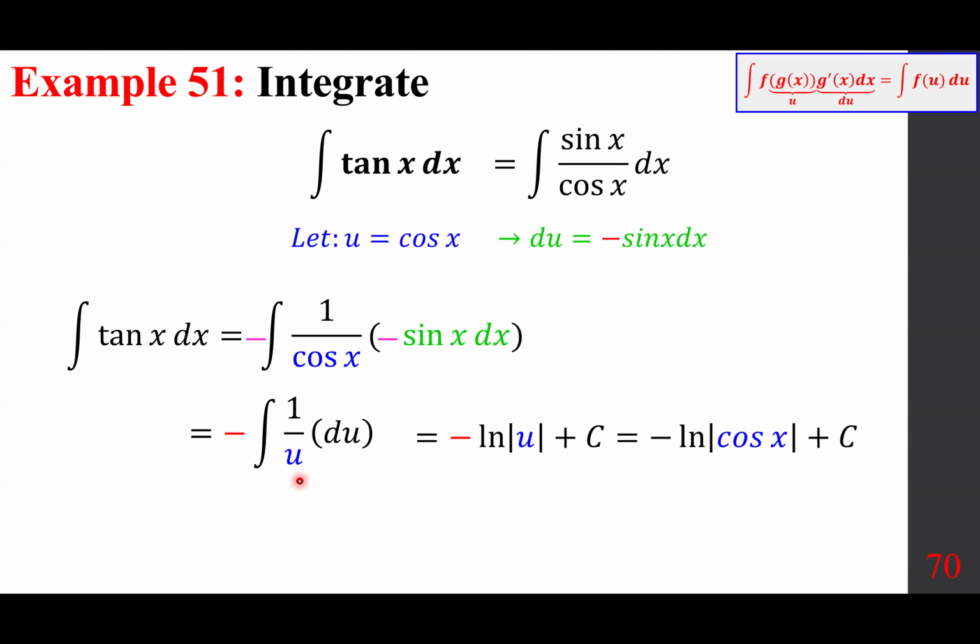So we get minus natural log of u plus a constant, and u, we can replace it with cosine x.